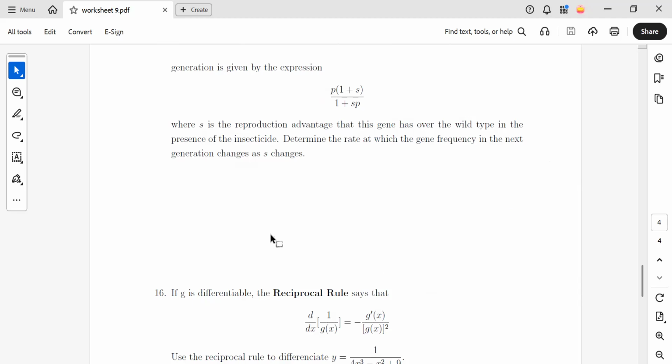Determine the rate at which the gene frequency in the next generation changes as S changes.